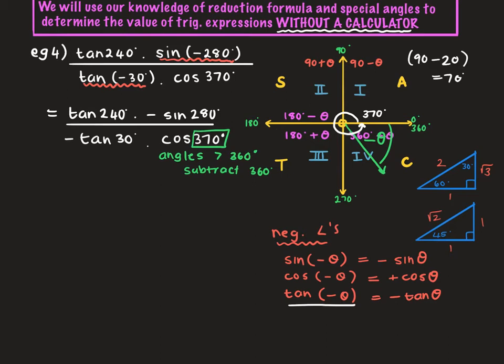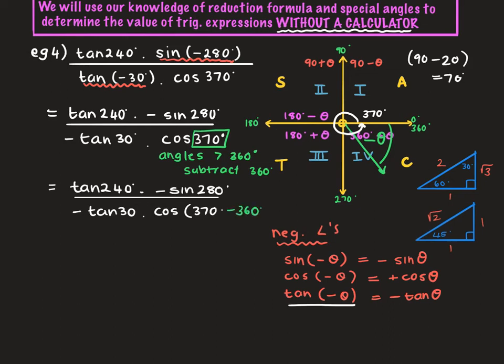So I'm doing quite a few steps here. We can do it more quickly, more efficiently, but just for clarity, I'm going to show you what I mean. So this for now, we're just going to leave as is. We're just going to deal with that angle bigger than 360. So we have our negative tan 30 times cos, then you take your angle that's bigger than 360 and you subtract 360 degrees.